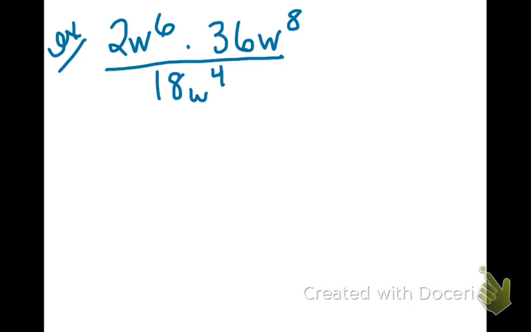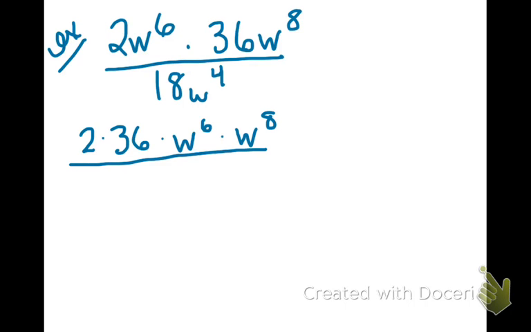We know that this is 2 times w to the 6th power times 36 times w to the 8th power. So I'm going to rewrite it like that, because if I group together the coefficients here, and I group together the variables, I see that they are both with the same base. We'll go ahead and write the denominator, but we won't do anything with it just yet.